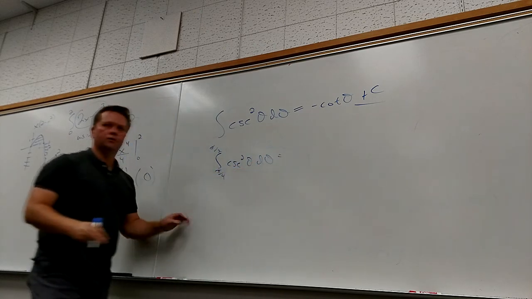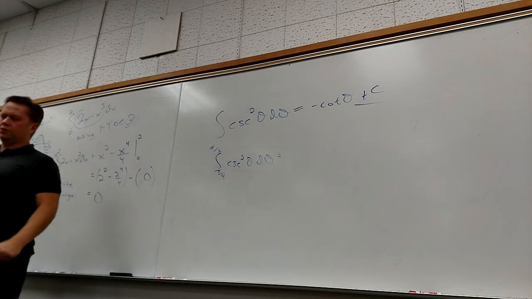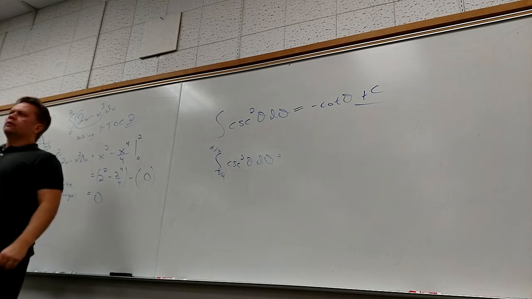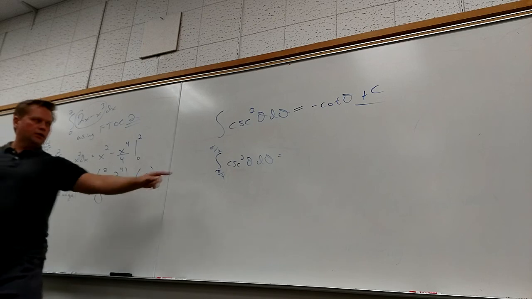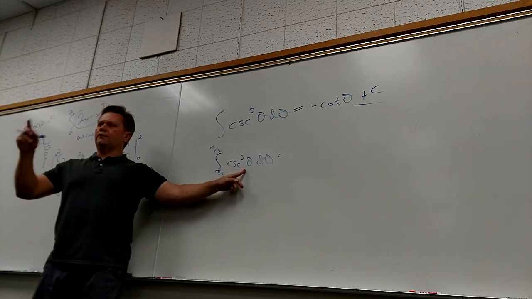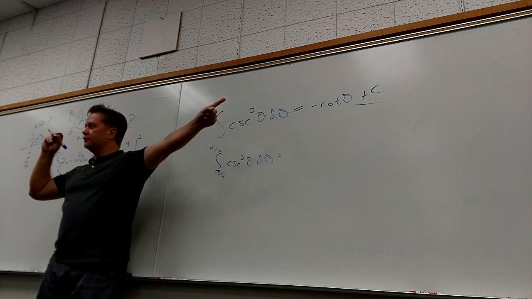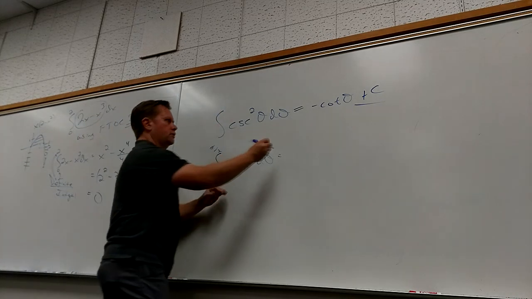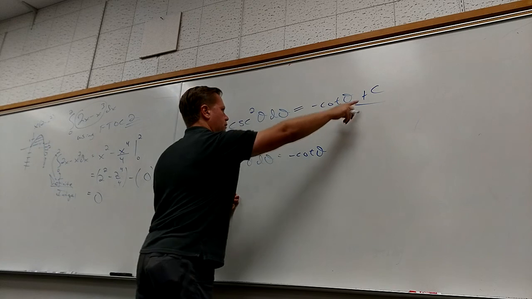So anybody see how you got most of the work already done on this? Because how do I integrate some function? I first find that function's antiderivative. And what's the extra step now because it's got these? It wants an area now. Do I write the plus C?